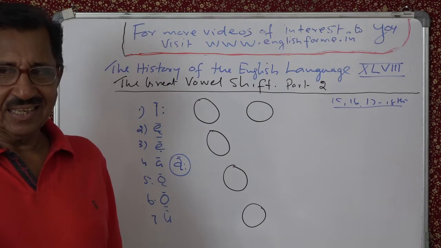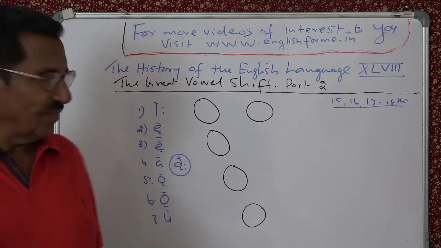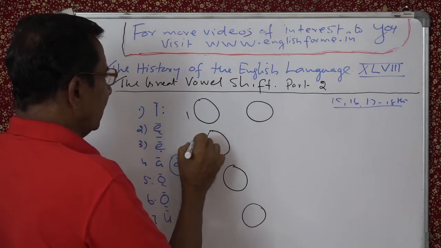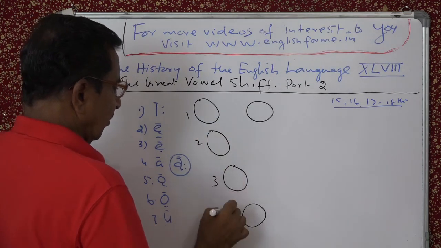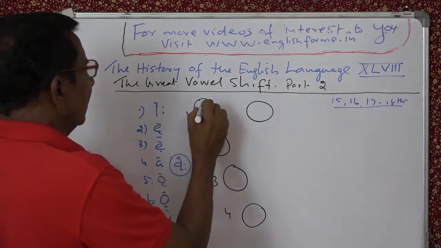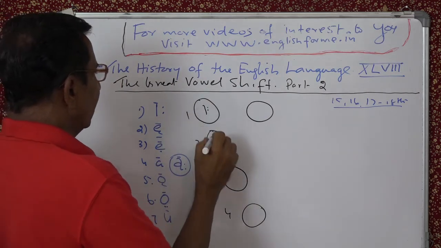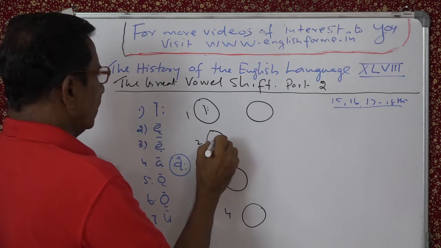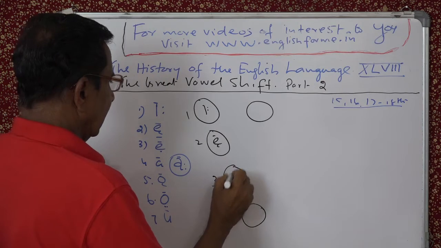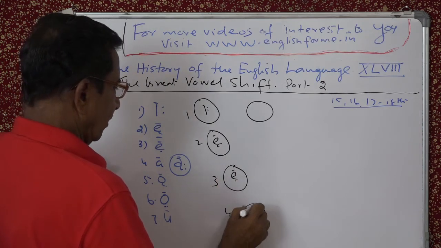Now what happened is, you number them also 1, 2, 3, 4. Now the vowels will be 1, then 2, 3, 4.